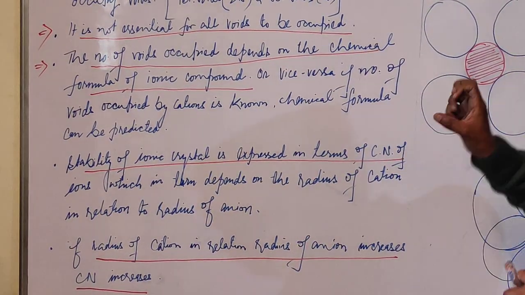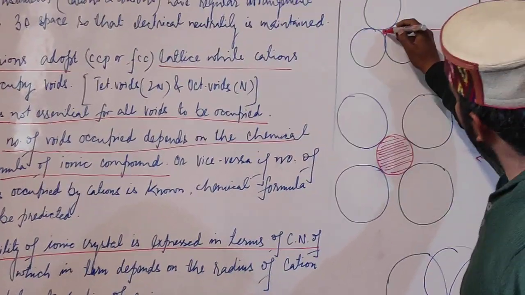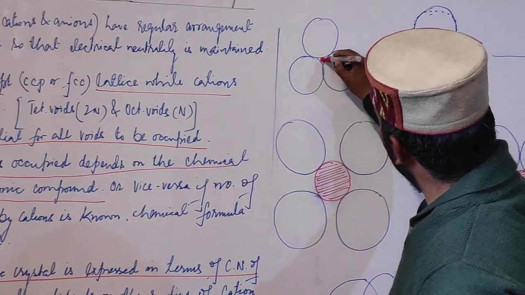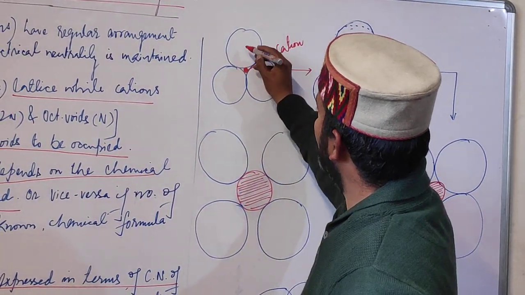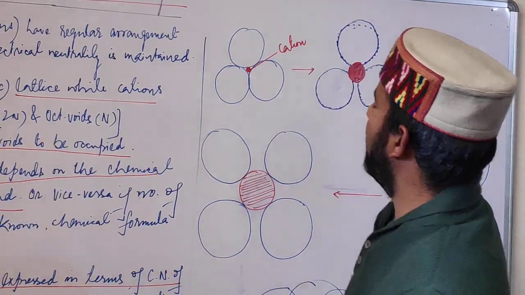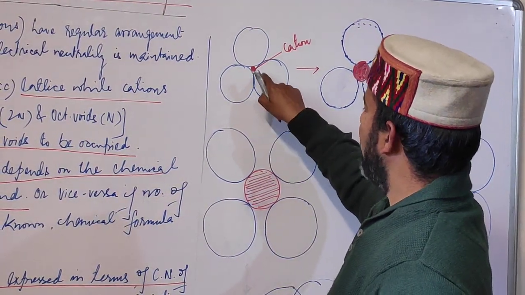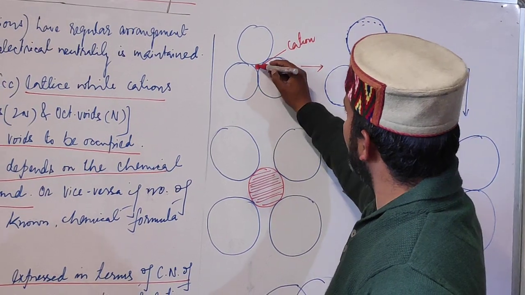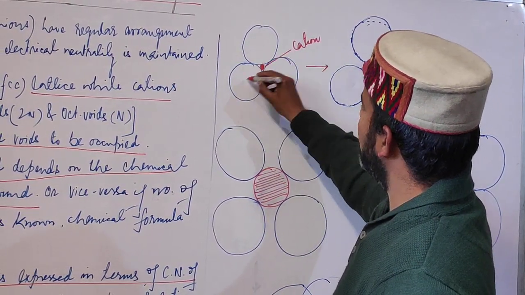Now I will explain this to you diagrammatically. This is the cation and these are anions. These bigger ions are anions, the small ion is occupying a void, and see, all the anions are touching this ion.